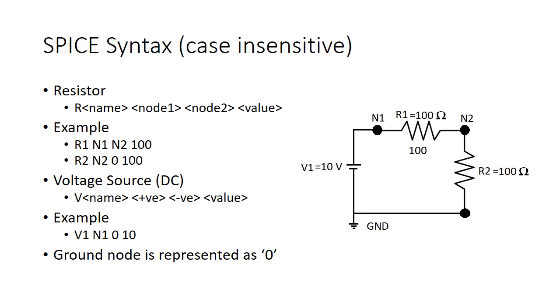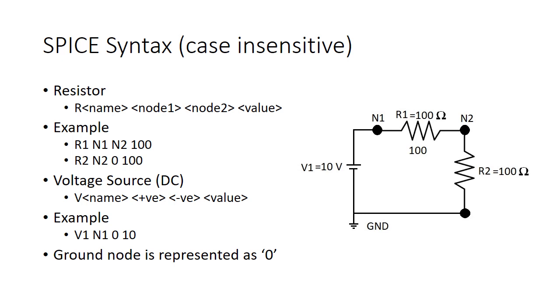Then to specify the voltage source, here it is a simple DC voltage source. It should start with V followed by some alphanumeric characters, followed by the positive and negative terminals between which it is connected, followed by the value.